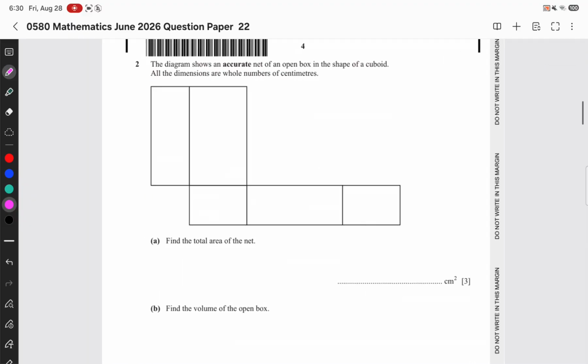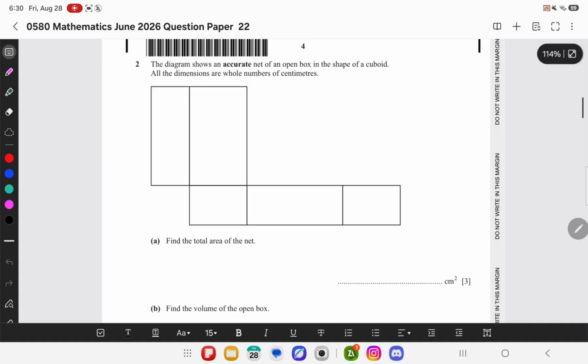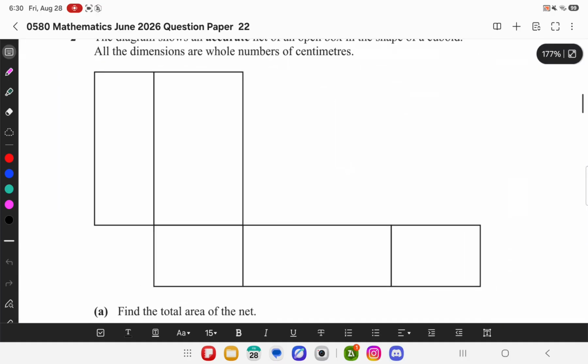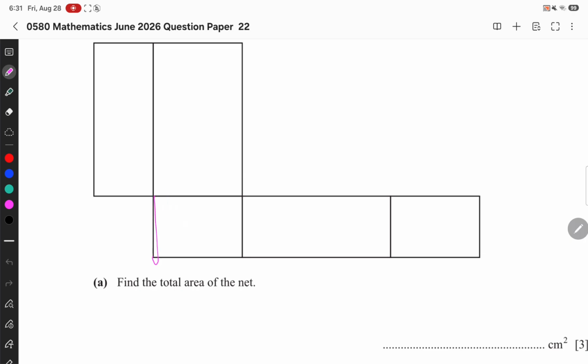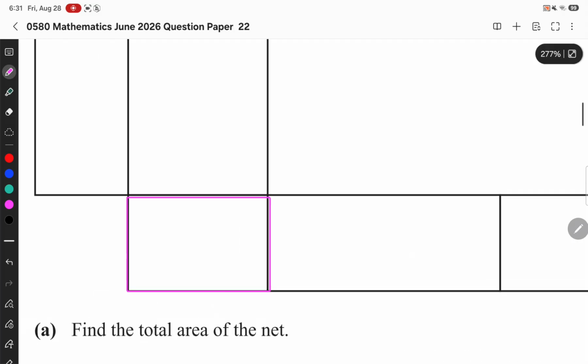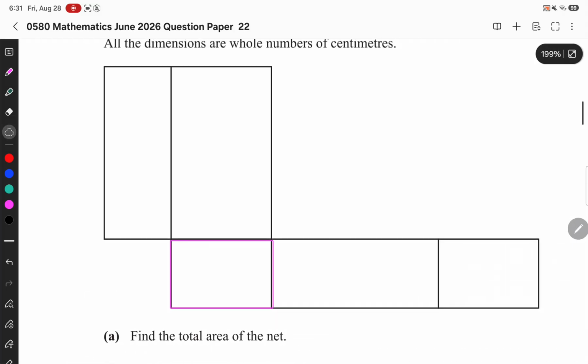Next, the diagram shows an accurate net of an open box in the shape of a cuboid. Let's think about this for a second. Let's think of these heights separately. I will draw this box twice, and you guys tell me.